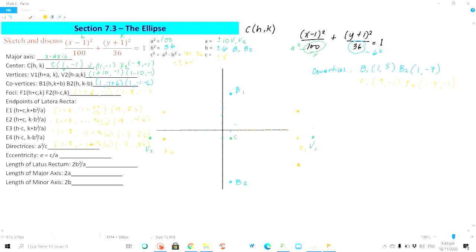Okay, dito banda. Isa naman ay negative 7 and negative 4.6. Okay, so medyo nandyan siya. So you can already graph your ellipse.